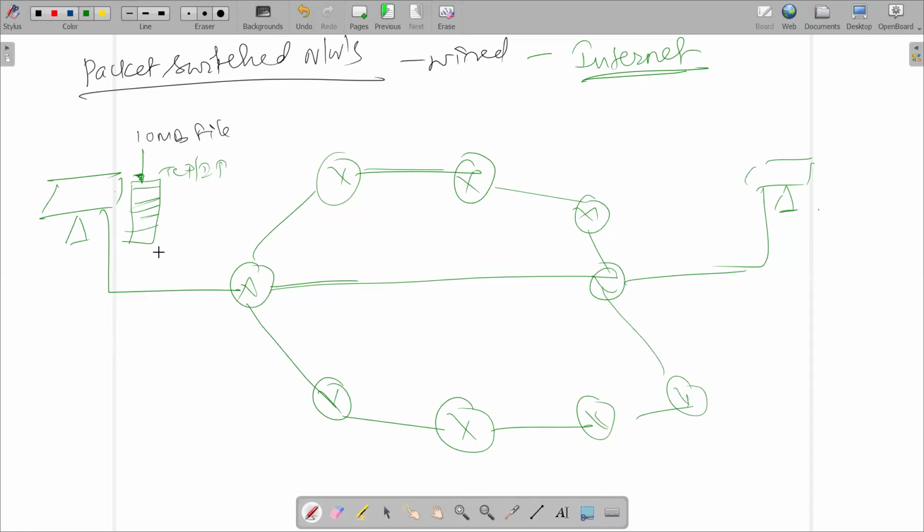Then this will be converted into packets. Of course, physical layer will be zeros and ones, but let me take it as packets: packet 1, packet 2, packet 3.